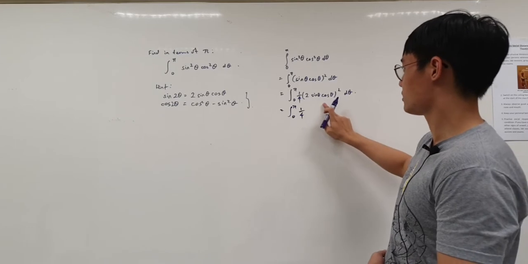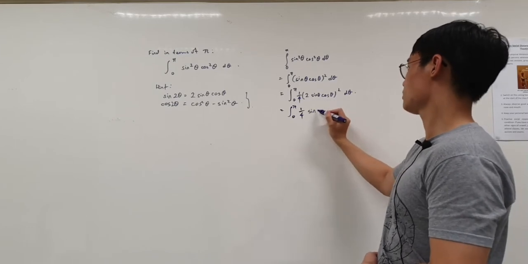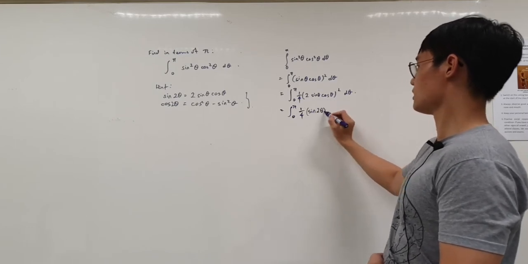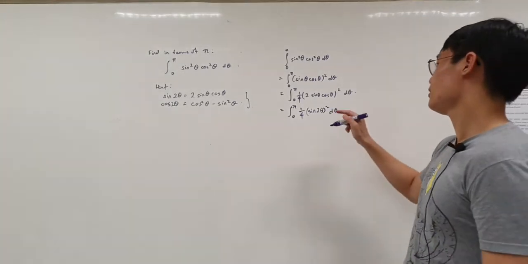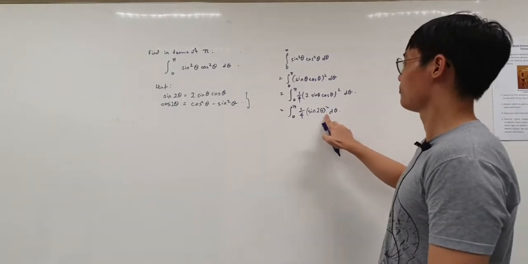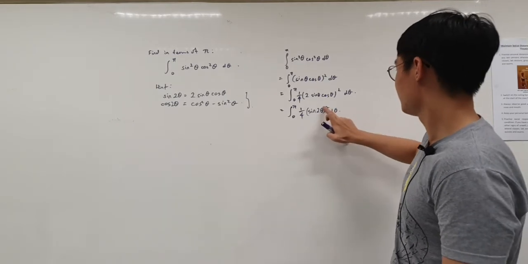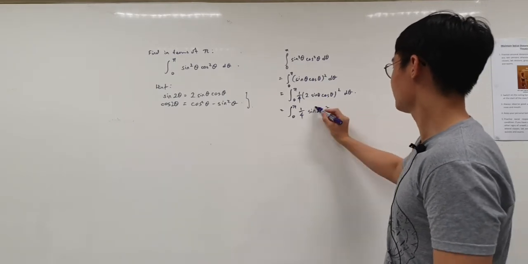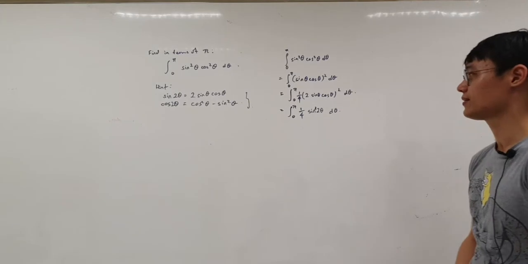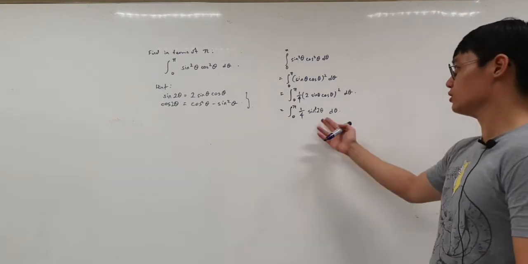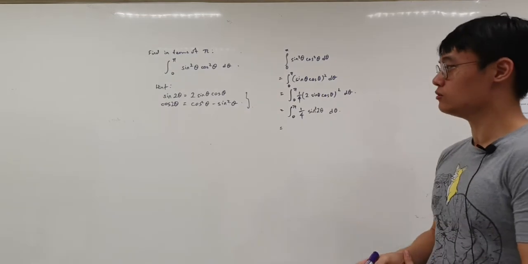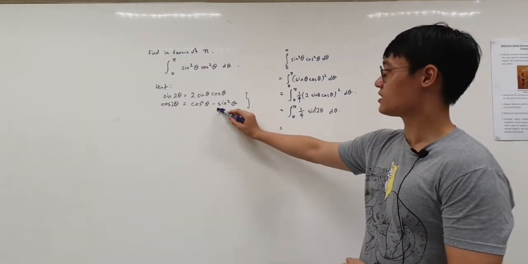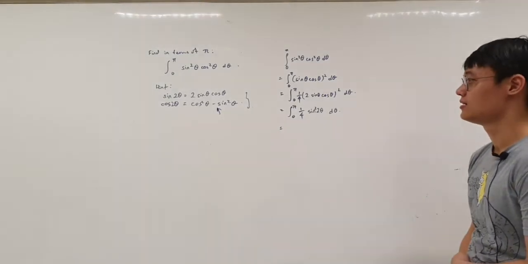2 sine theta cosine theta is just sine 2 theta. But there's also a square over here. So how do we actually remove this square? Maybe I bring the square in here. One simple way that we can use is the cosine double angle formula.